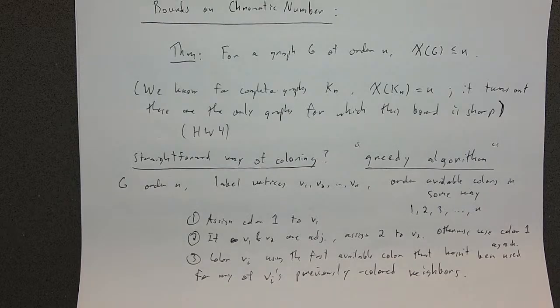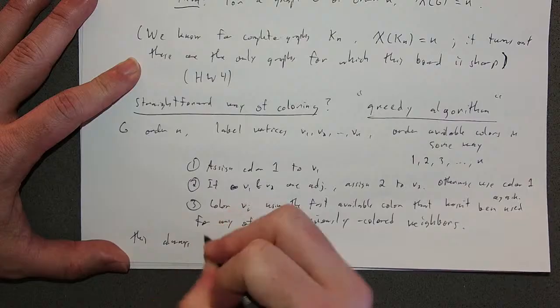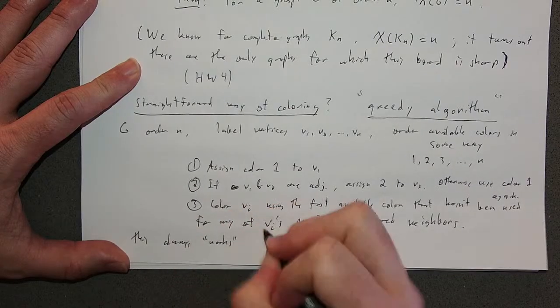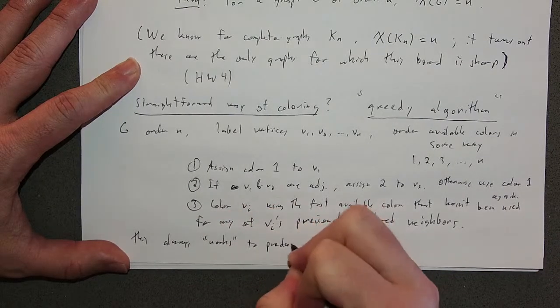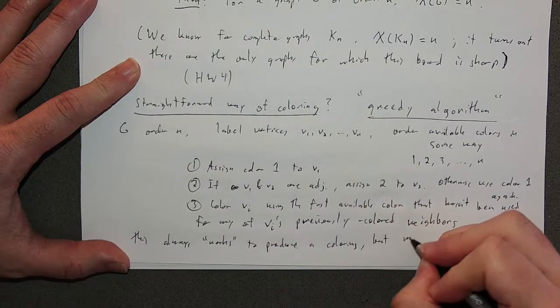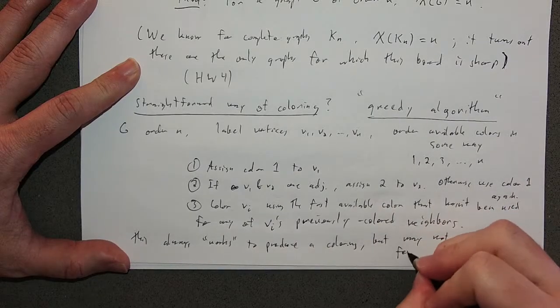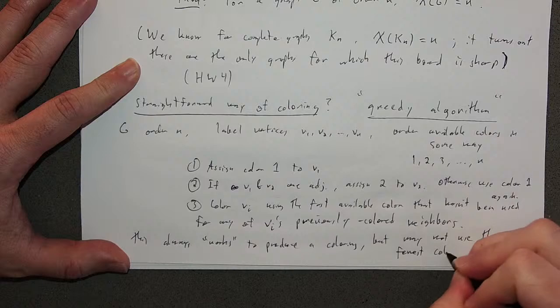And the answer to this, of course, is no. There could be, and likely usually is, a coloring not done in this way that uses fewer colors. So this always works to produce a coloring, but may not use the fewest colors possible.